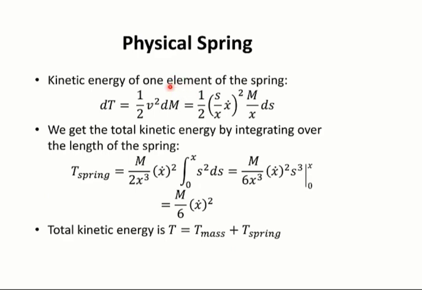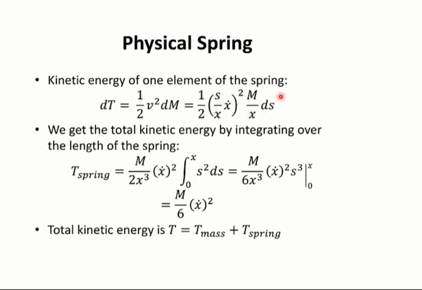Okay, so now let's find out the kinetic energy for that small segment of the spring. So the small kinetic energy of that small segment should be equal to half times mass times its velocity squared. So the expression for the velocity was given by this, and the mass of that small element was given by this.